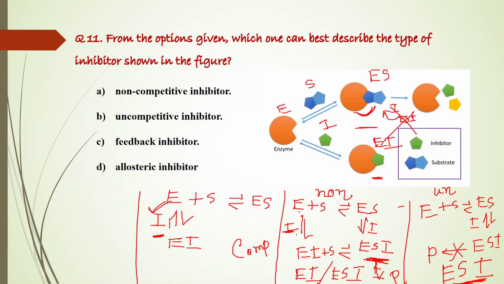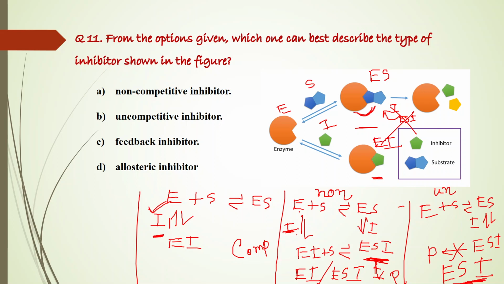Now let's look at non-competitive inhibition as well. In non-competitive inhibition, we just saw the inhibitor can bind both the enzyme and the enzyme-substrate complex, thereby also resulting in the formation of a ternary complex, that is ESI.